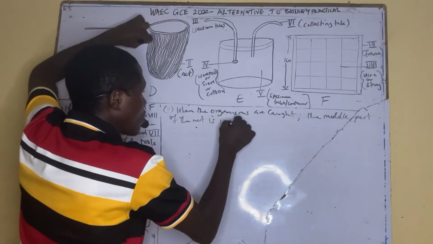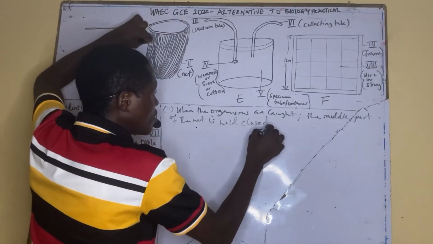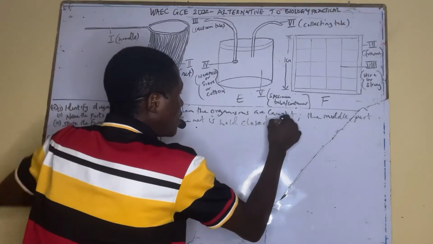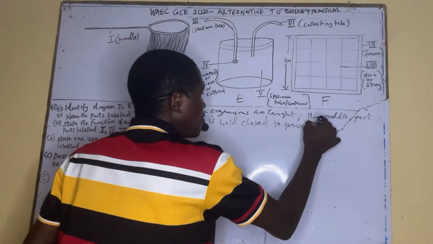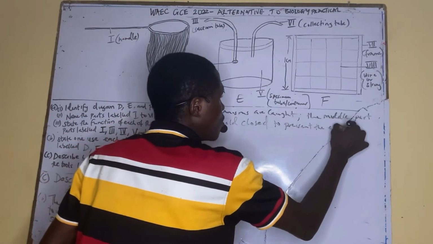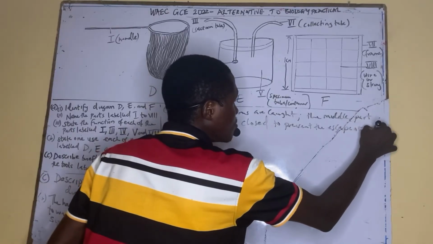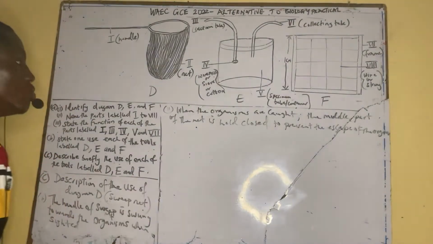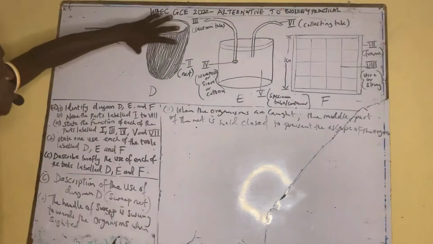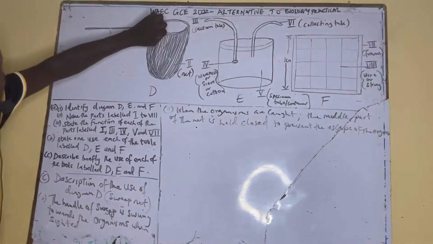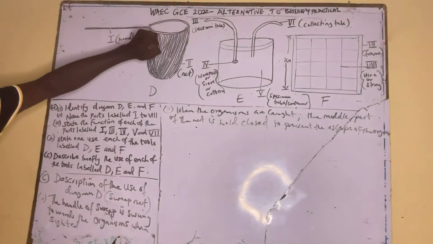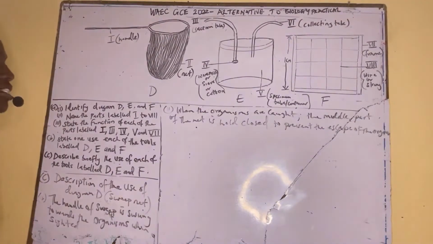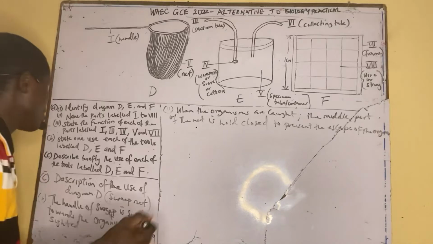It's held closed to prevent the escape of the organism. So that's the next thing you do. You close the middle part like this, hold it, and then you tie it with something to prevent the escape of the organism. So that's how we use that one.